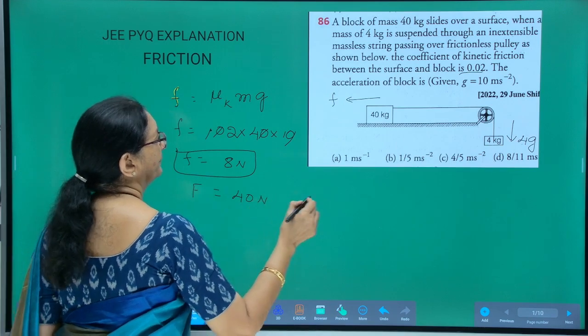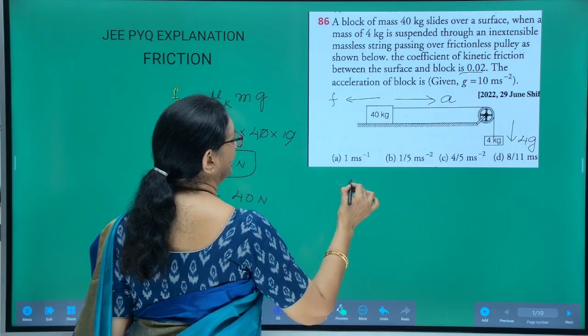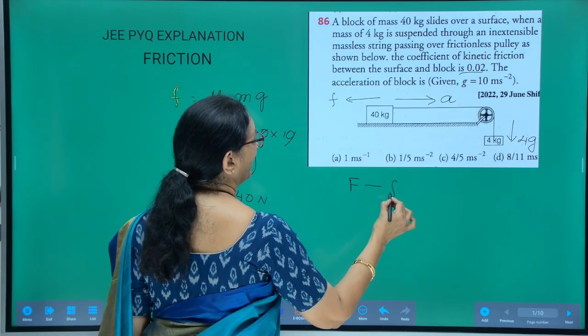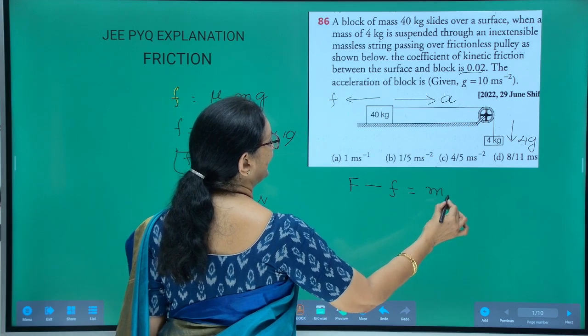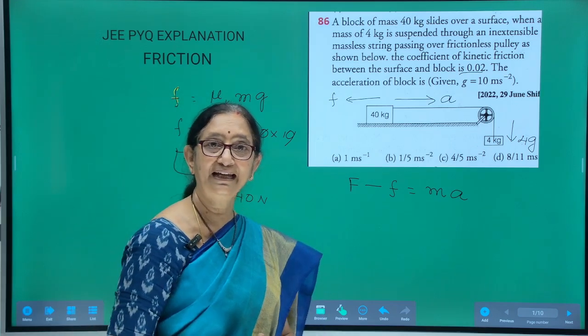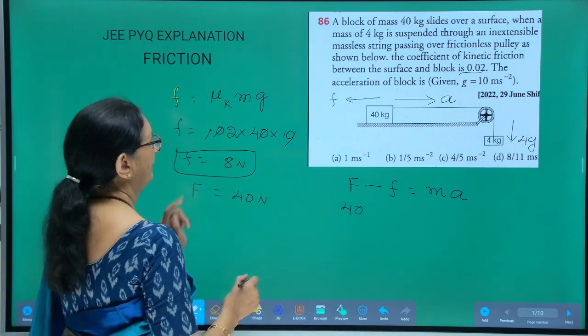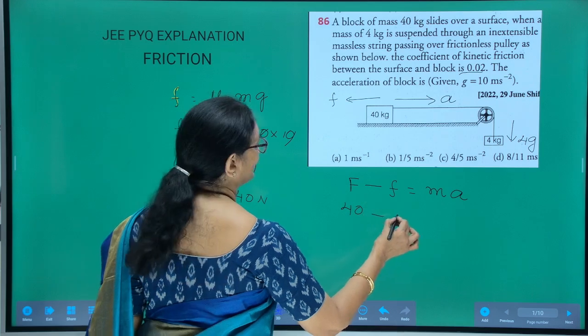External force that tries to set the system into motion is 4 into G, that is 40 Newton. We know acceleration is produced in this direction. External force minus frictional force is equal to the net force creating an acceleration A. So, here F is 40, frictional force small f is 8.